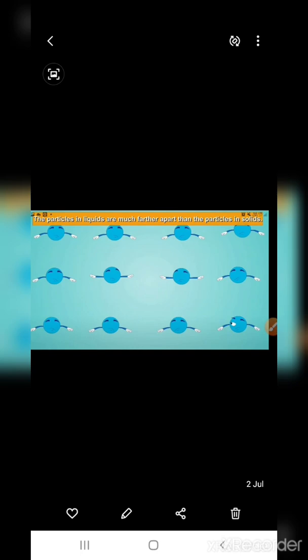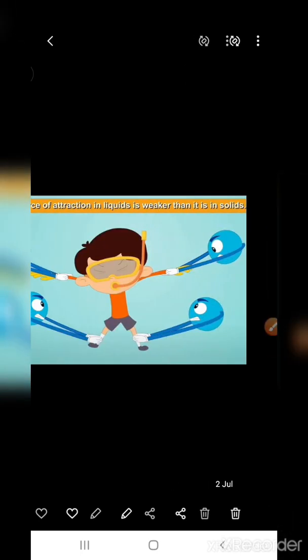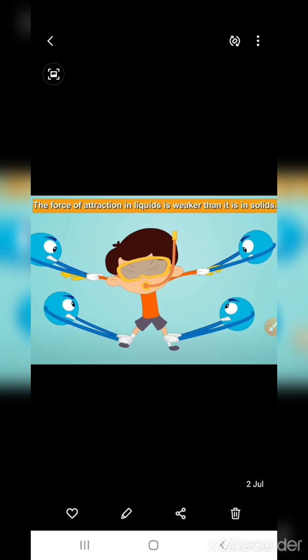In solids the particles are closer to each other, and compared to solids these are much farther apart, right? So the force of attraction in liquids is weaker than it is in solids.